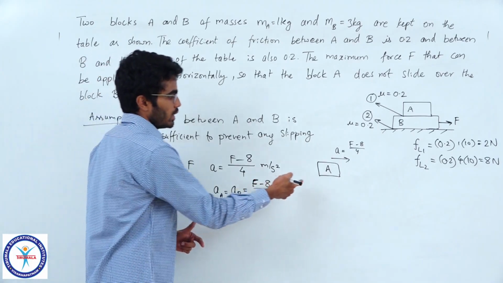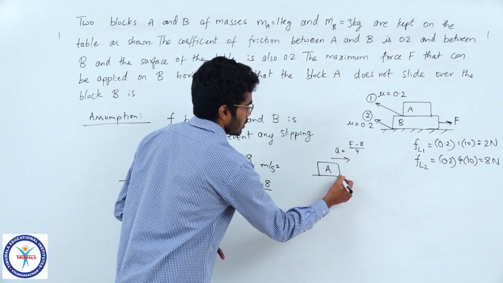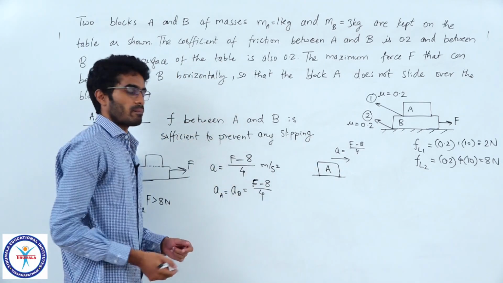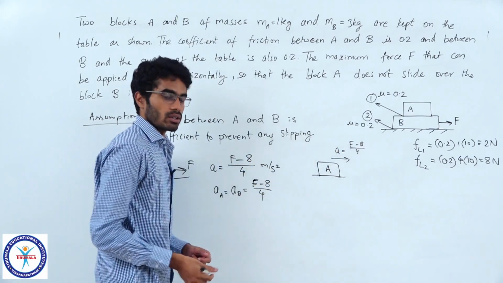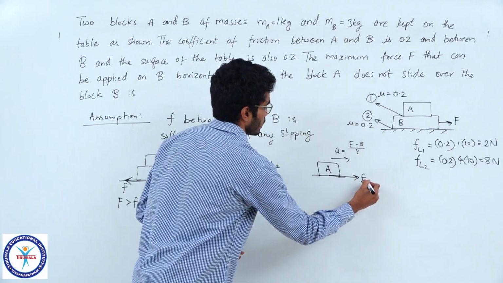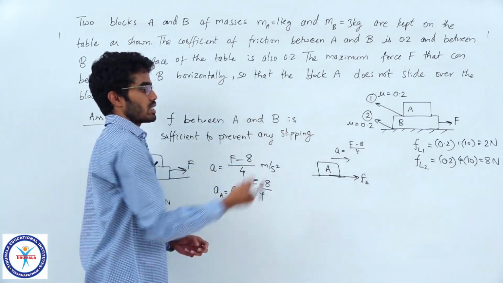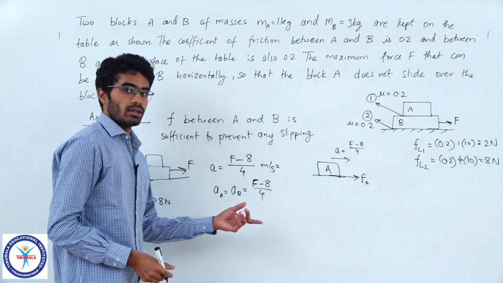Yes, that is only the friction developed between the contact surfaces of A and B. It is only the friction on A that is moving the block towards the right. So, the friction acting on A is towards the right because it is causing the acceleration here, and it is static in nature. Why?